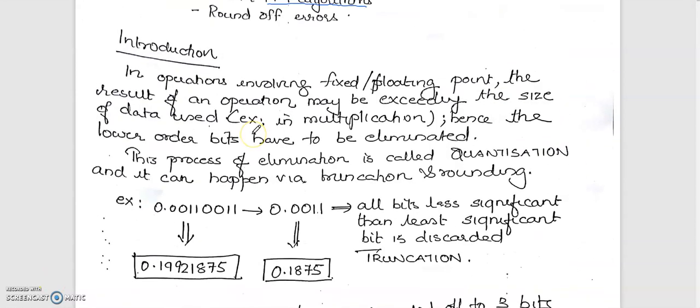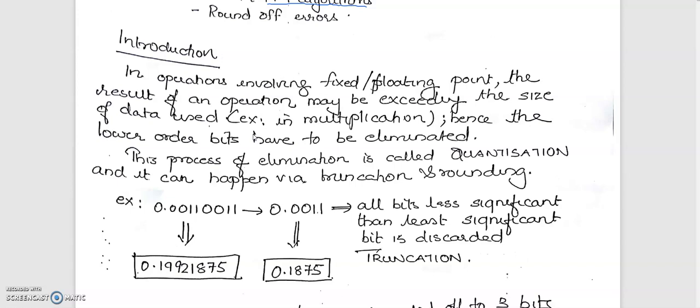So this quantization is basically the process of elimination of the lower order bits as mentioned over here, and it can happen in two ways, either truncation or rounding. So what happens in truncation is that we have these 8 bits over here. We have the binary version over here and the decimal fractional part is there. So this is 0011.